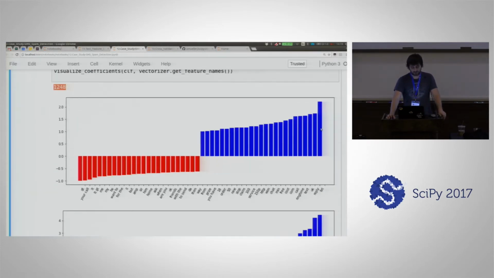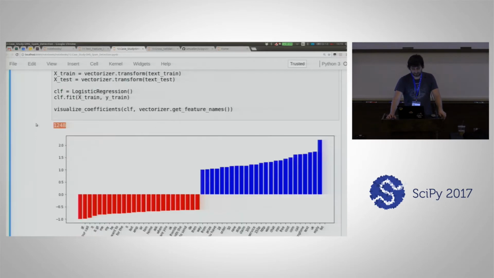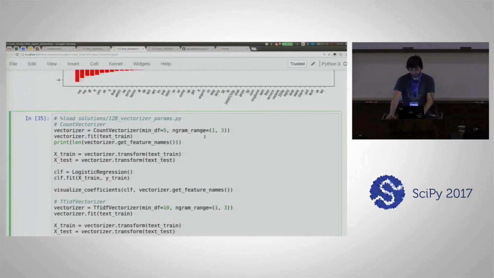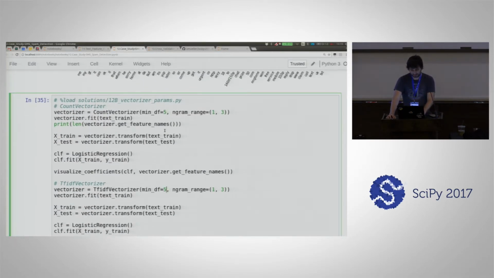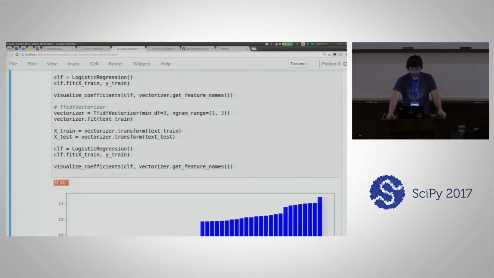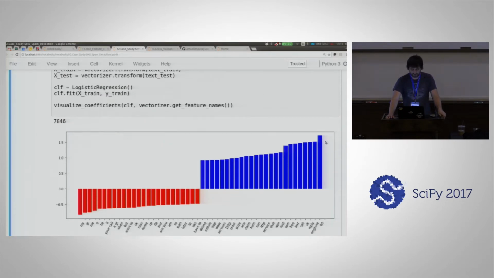Here, wow, I only got 1,000 features if I use n-gram range 1 to 3 and min_df equal to 10. Let's see what happens if I do min_df equal to 3. 3 seems more reasonable. Then I have about as many features as I had originally with the 1-grams.